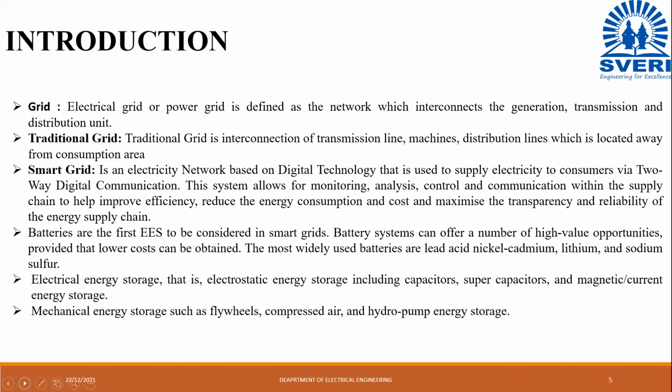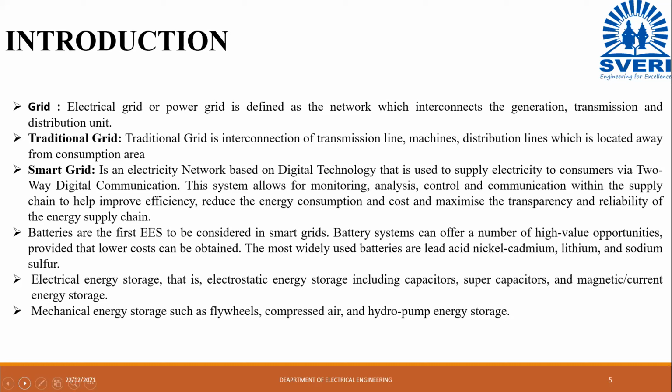Next is introduction of our project. We will see grid, traditional grid, smart grid. Grid is nothing but the network which interconnects the generation, transmission and distribution unit. Electric grid is an interconnected network for electricity delivered from producer to consumer. Electrical grids vary in size and can cover whole countries.